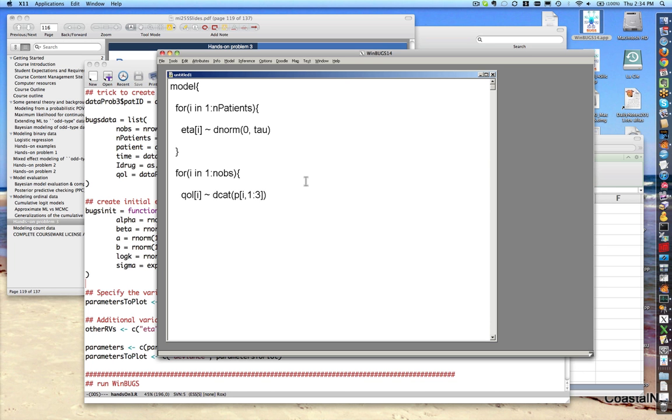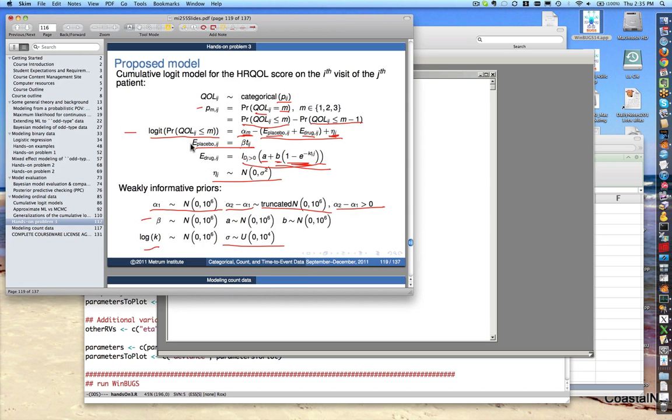Now we have to generate our individual probabilities, all 3 of them. So we've got like pi1 in here, but keep in mind we're going to be writing our model in terms of the cumulative probabilities. So you can see here where we're going to write our model in terms of that cumulative probability.